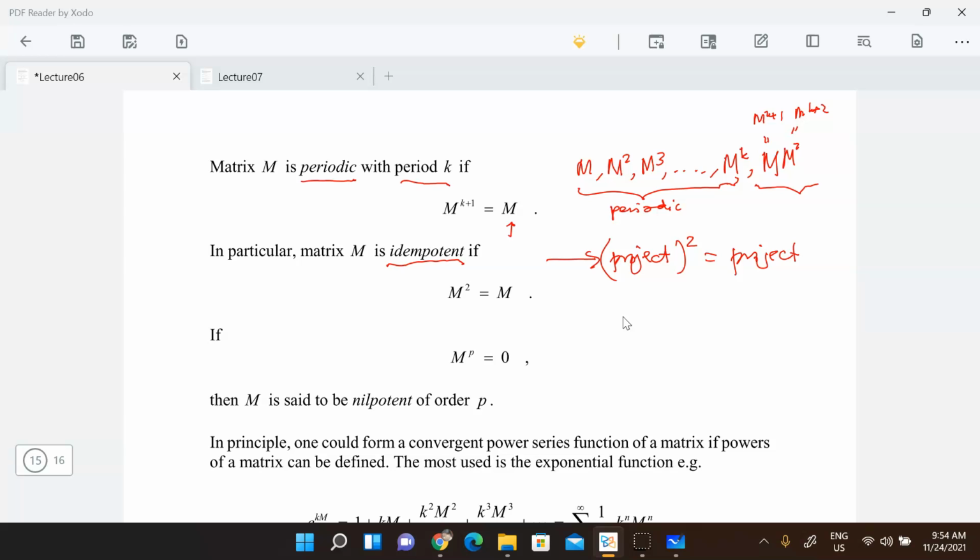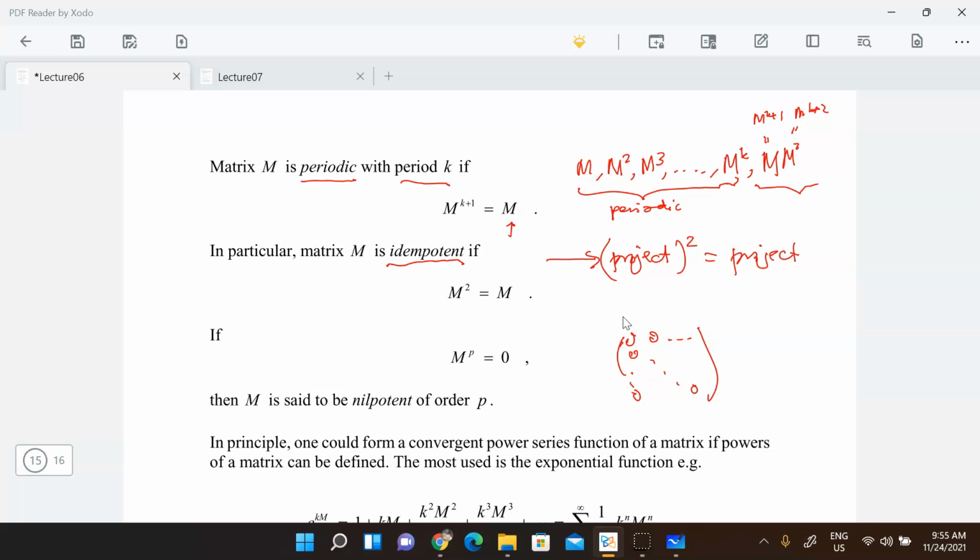Another one is when you take powers of your matrix M, and suddenly it gives you a zero matrix, where 0 here means all the elements inside this matrix are 0.